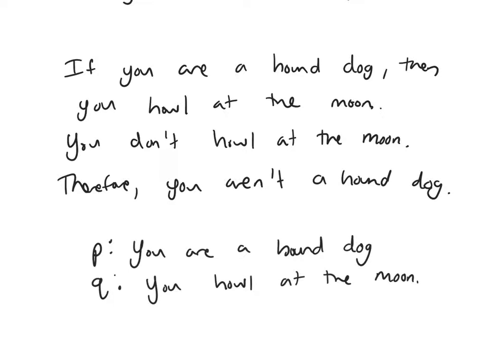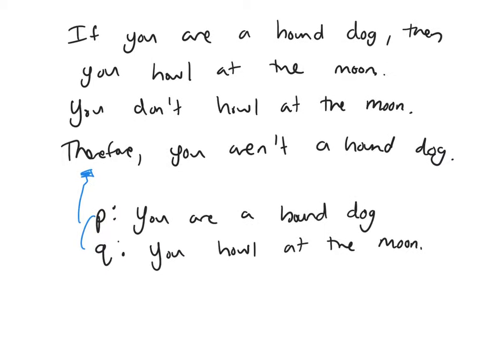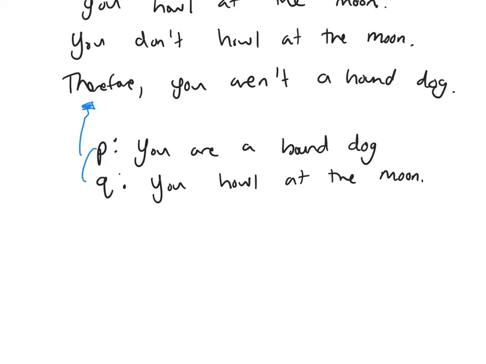So using these variables, I can now rewrite my argument. The first thing, I have the conditional statement, if P then Q, then I'm told you do not howl at the moon, not Q. Therefore, you aren't a hound dog, not P.